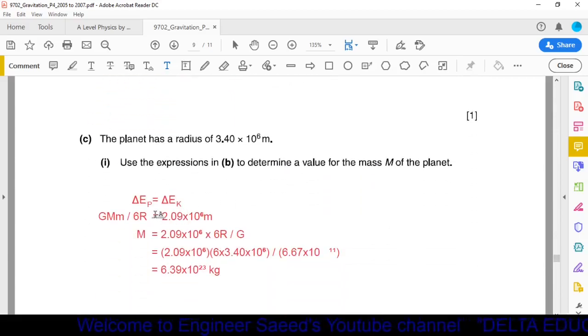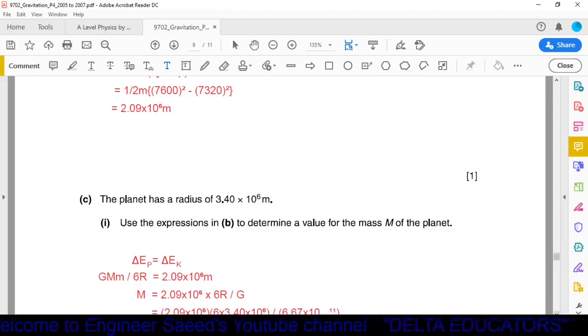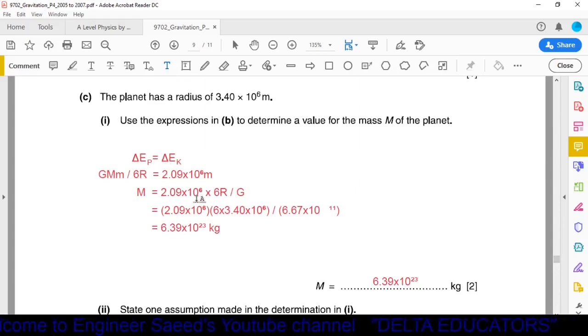This change in potential energy will be equal to the change in kinetic energy, which we have calculated as 2.09 × 10^6. Here the small m will cancel out, and by rearranging we get M equal to 2.09 × 10^6 × 6R over G.